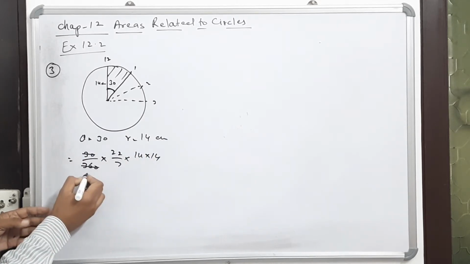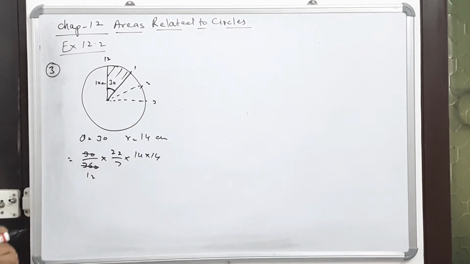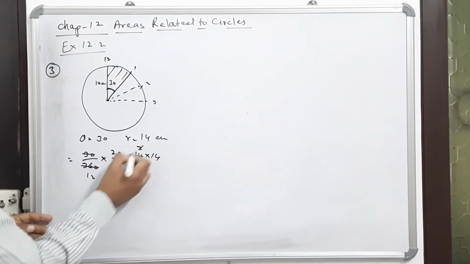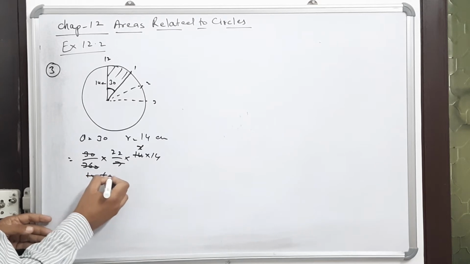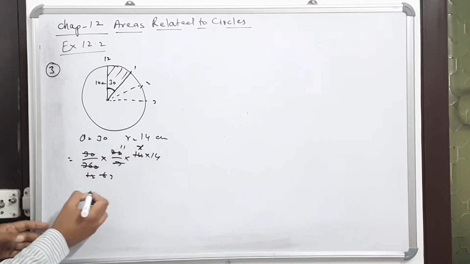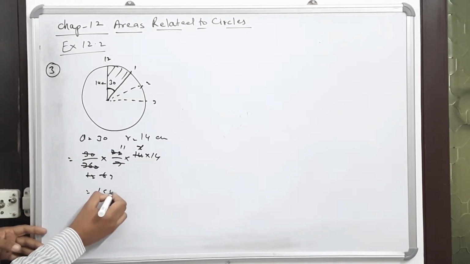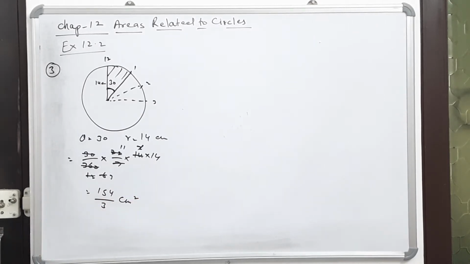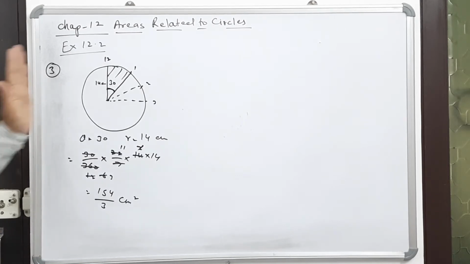So this will be cancelled 12 times and this is 2 times. Again it will be 6 and this will be 3 and this is 11. So the answer is 154 upon 3 centimeter square. So that will be the area swept by the minute hand in 5 minutes.